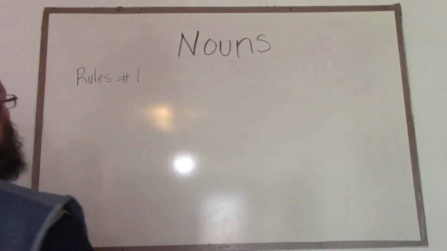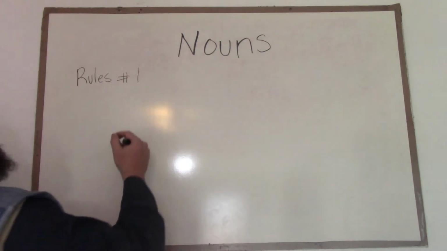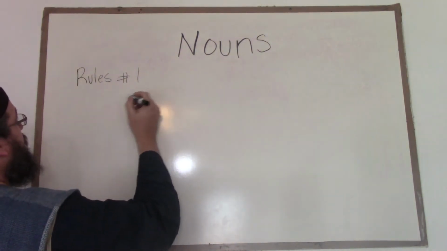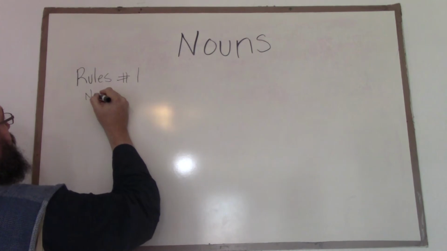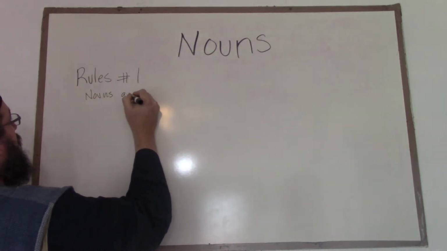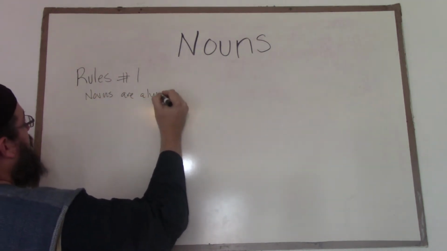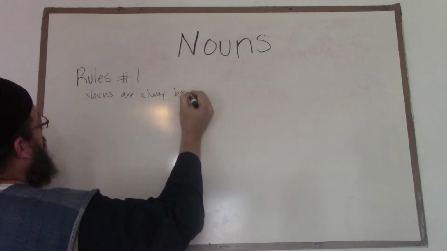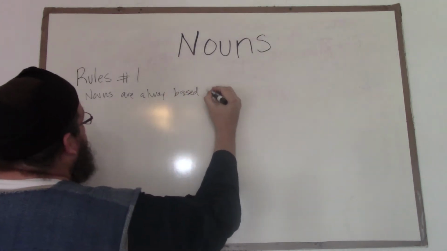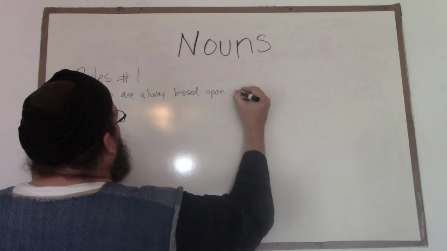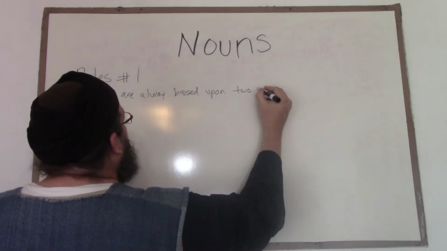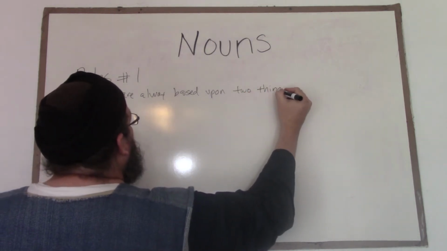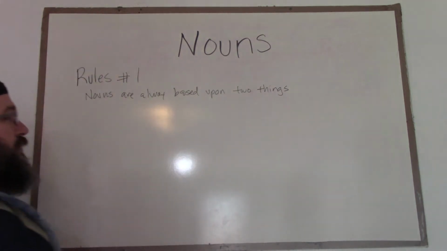So what is rule number one? Rule number one is that nouns are always based upon two things. What are these two things?